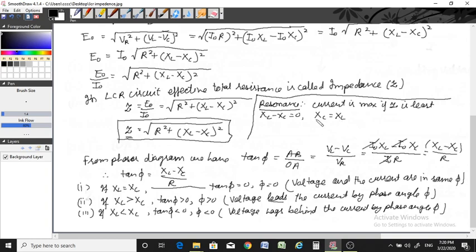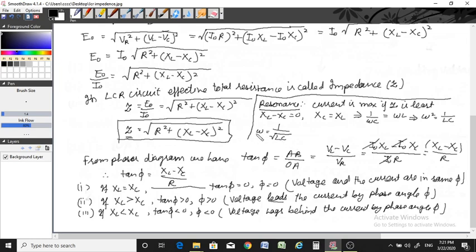But we know that XC is equal to 1 upon omega C, and XL is equal to omega L. Multiplying omega with omega and L with C, we get omega square is equal to 1 upon LC. Therefore omega will be equal to 1 upon under root LC.